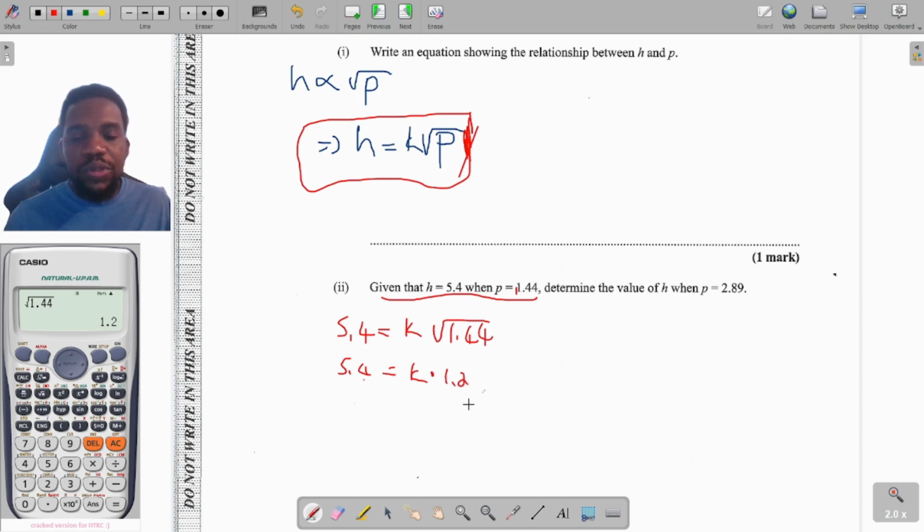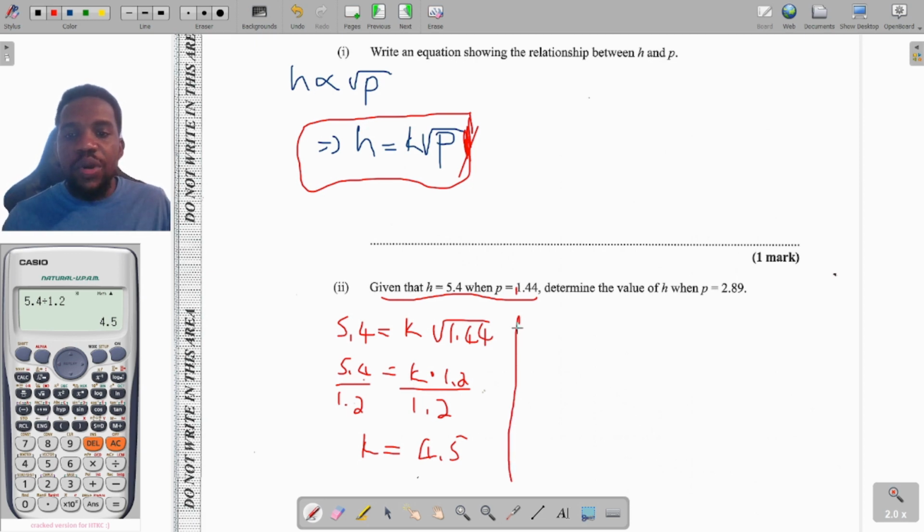In order to find k, we're going to have to do the opposite, which is to divide both sides by 1.2, right? So k is equal to, once again, bring in your calculator, and you're going to say 5.4 divided by 1.2. That's going to give me 4.5. So I know that k is equal to 4.5.